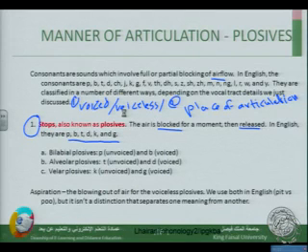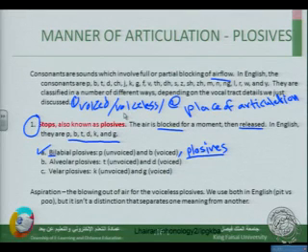We said P and B are bilabial. Why? Because you press your lips together to make P and B. P is unvoiced, B is voiced. Both of them are plosives. Notice how I am describing the consonants: first the place of articulation, bilabial, then voiced or unvoiced, then the manner of articulation, plosives.